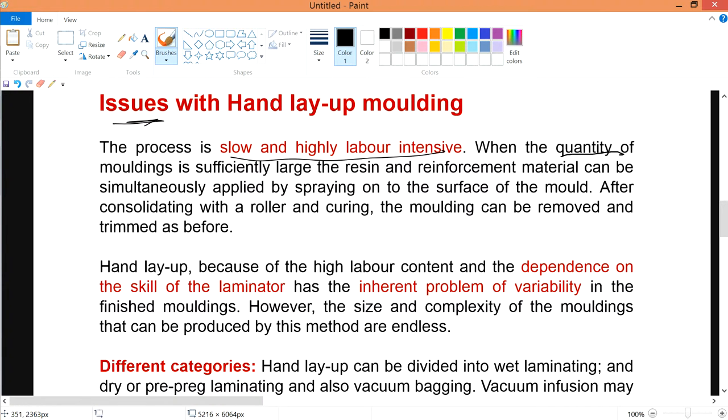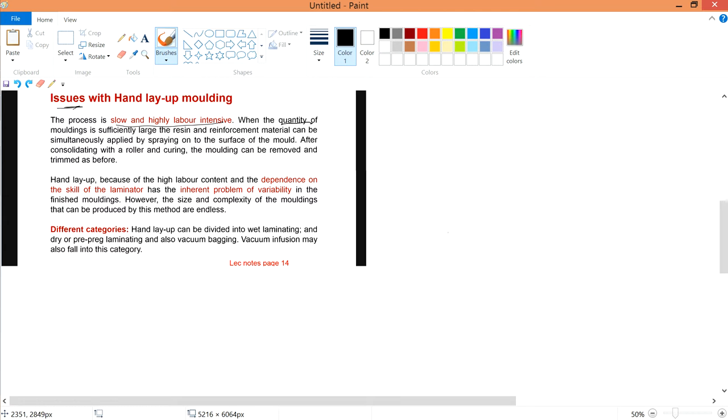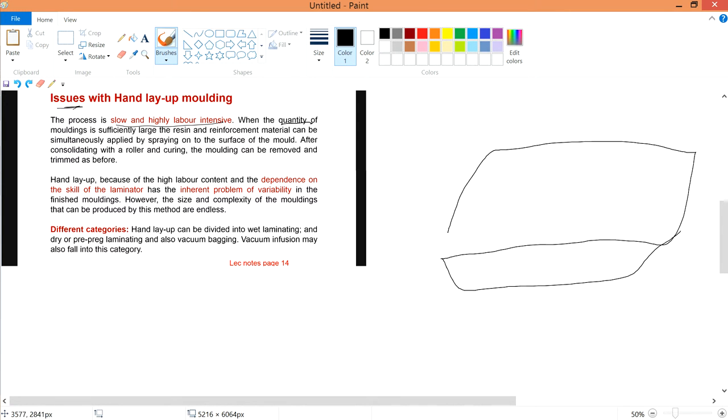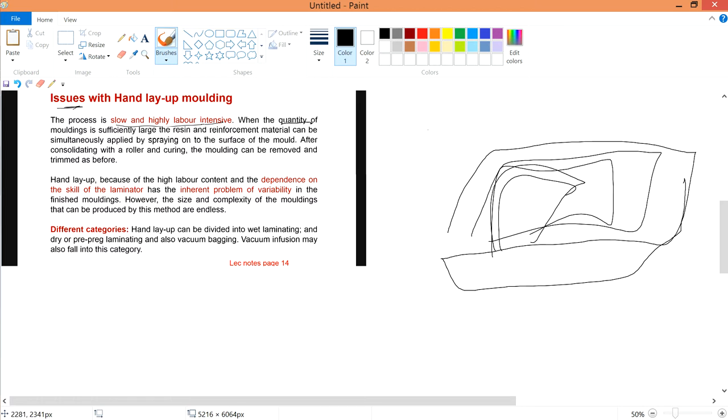of molding is large, when you're molding a very big piece of material, you have a lot of resin and reinforced materials to put inside. You stack up, right? But at your point, remember you have to use a roller and cure it. So when you're talking about a roller, if your person over here is just this particular size and your roller is just like that, how many times do you have to roll?